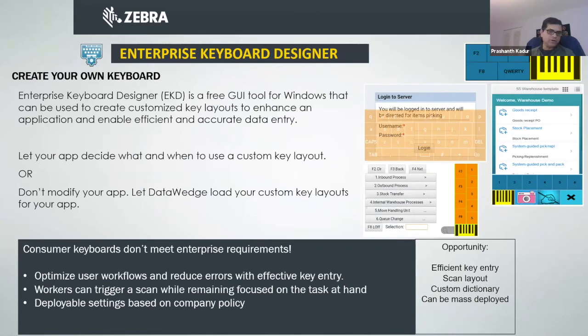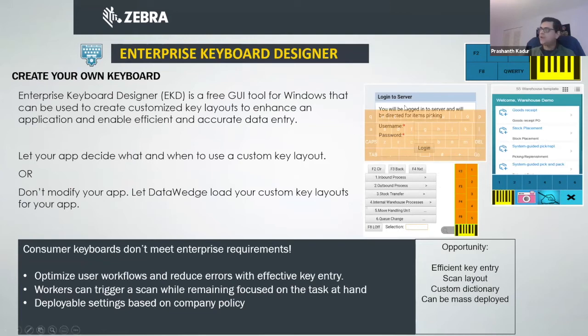You can write code in your application to invoke a key layout that you have created, or you can use Data Wedge to say, hey, Data Wedge, when my application, my GUI comes to the foreground, I want you to load these function keys here, right? And by the way, we provide some already canned key layouts, but you get to create however you want it.